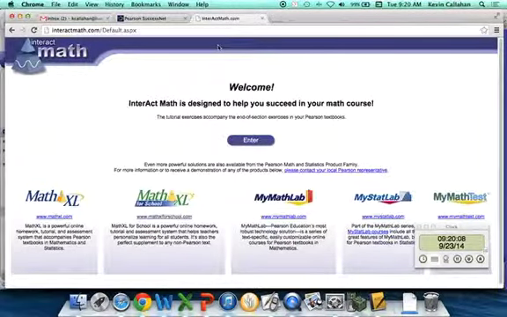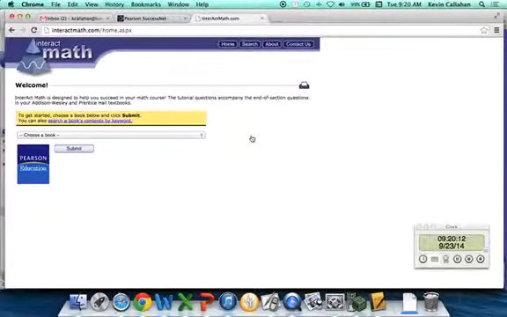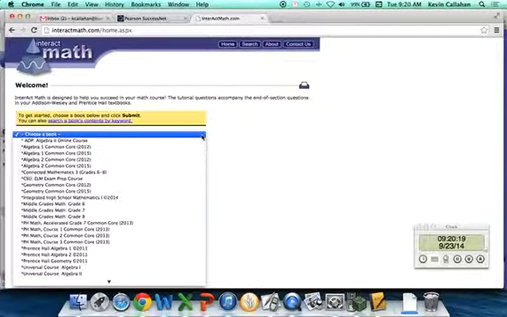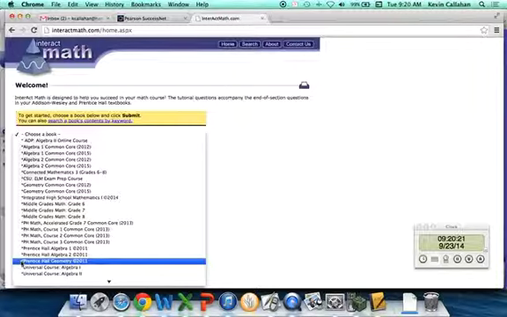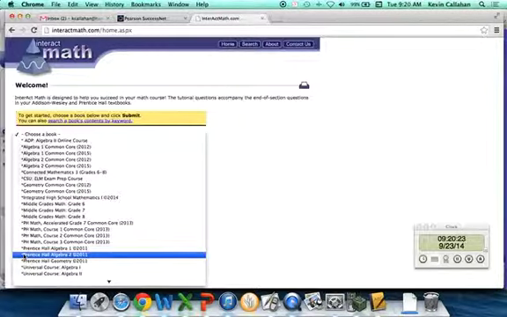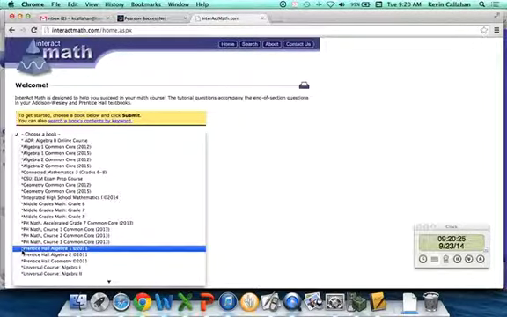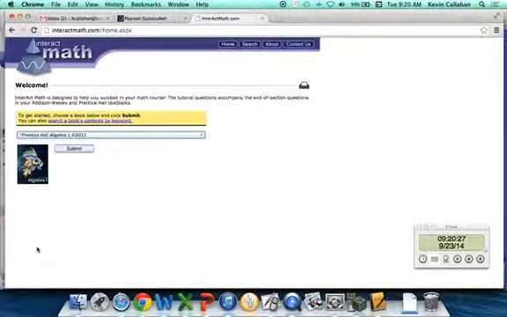If you hit enter, then it'll ask you to pick your book. Our book is Prentice Hall, Algebra 2, 2011. Submit. And when you do that, the picture of your book is there, so you know it's your book.